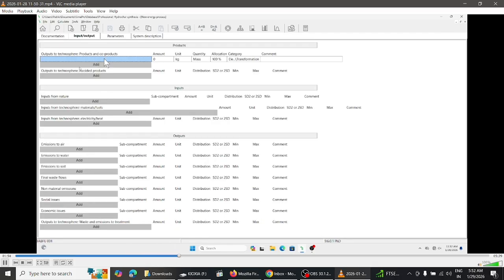Now you can see here in the output to the technosphere, here we are going to add the amount of the prepared hydrochar.